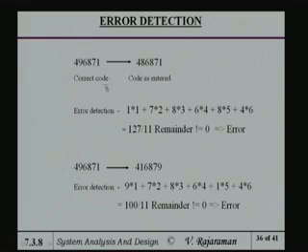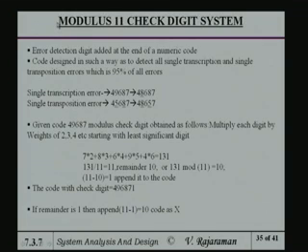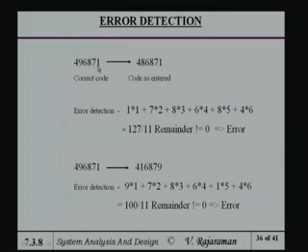The way this is designed, the weighted sum is divisible by 11. That is why I used 11 minus the remainder as the appended number. So that is by design. If it is not 0, that means it is an error.